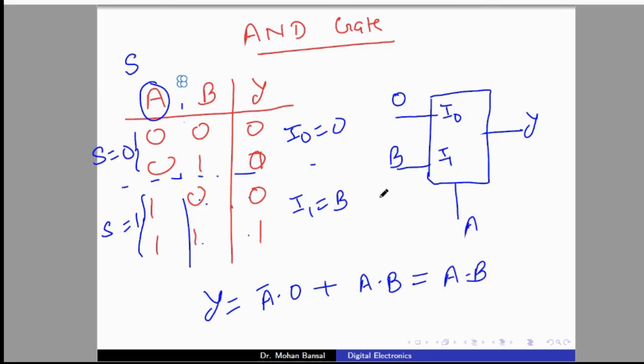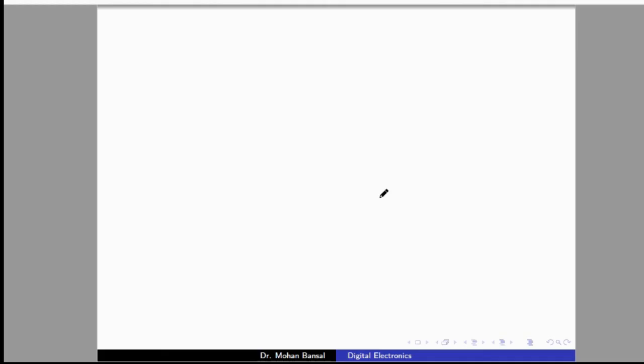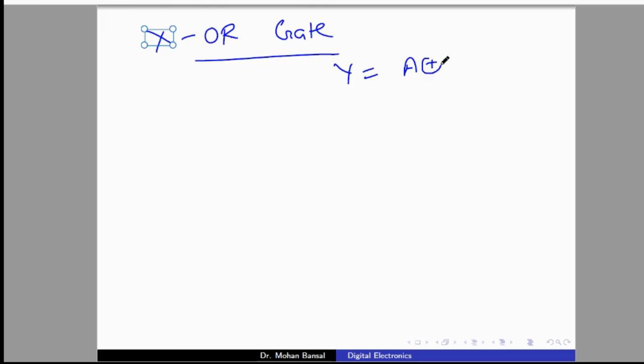In a similar manner, you can try with some more gates. Like that, I will do one more: the XOR gate, whose expression is A XOR B. For Y equal to A XOR B, inputs are A, B, output is Y. For 0, 0, output is 0.